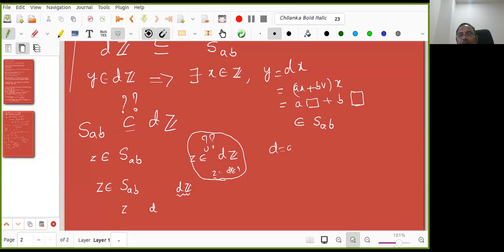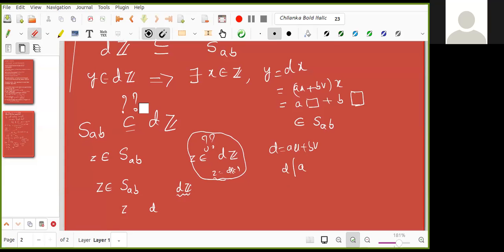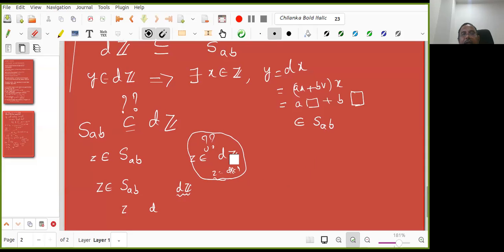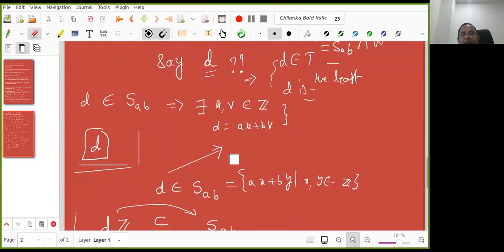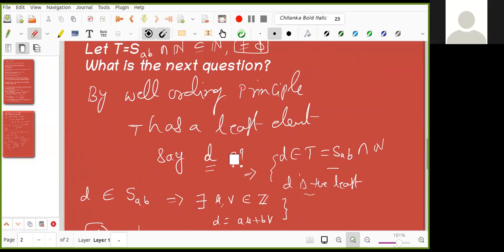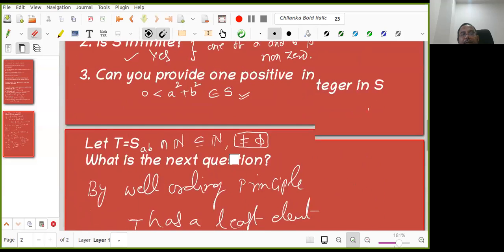So D is equal to, I already know, AU plus BV. Now from this, how do you show D divides A? See, D is not the GCD here. D is the least positive element in SAB.